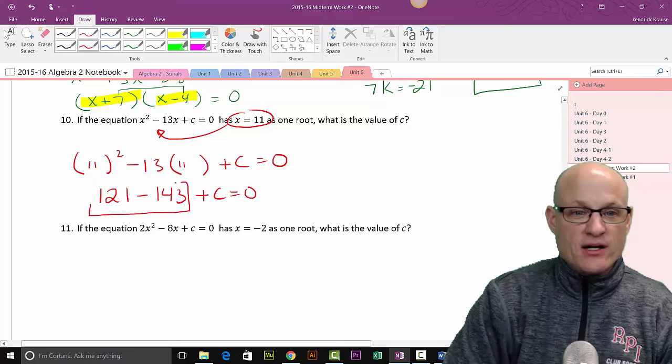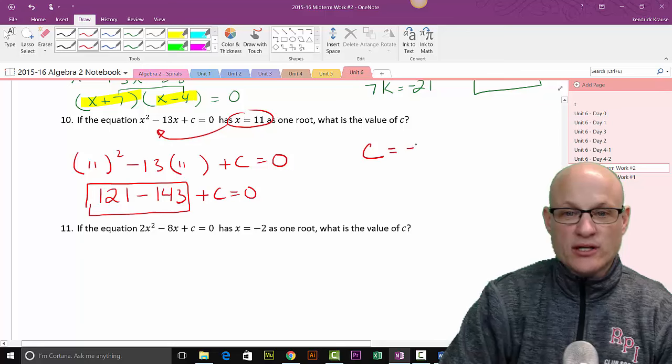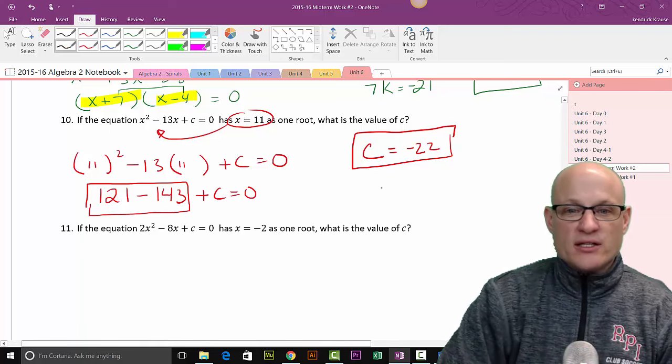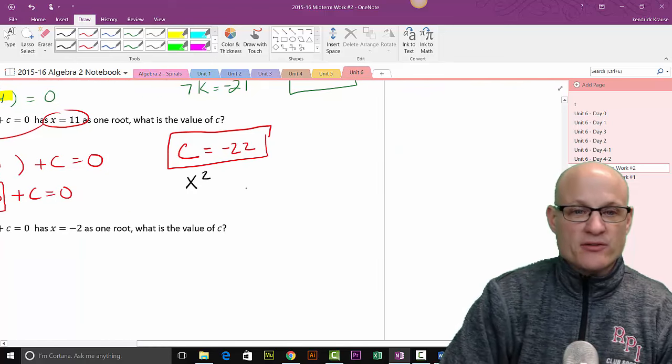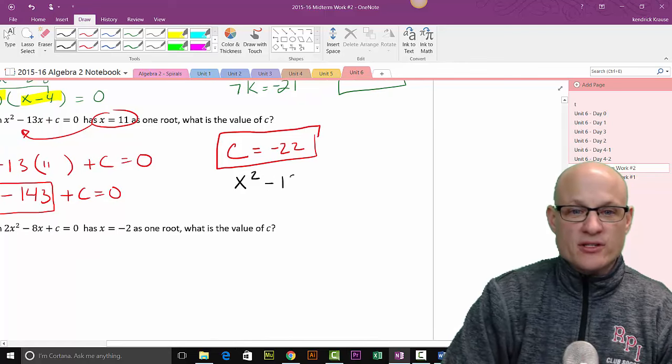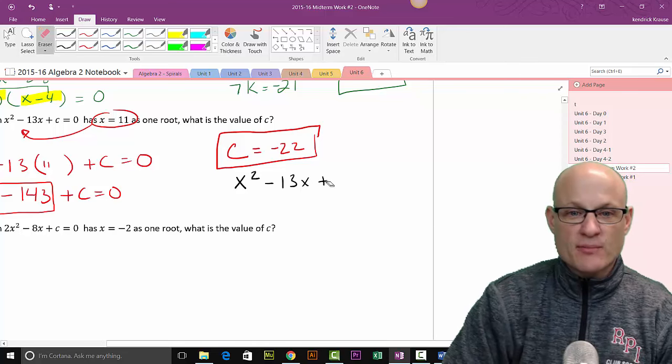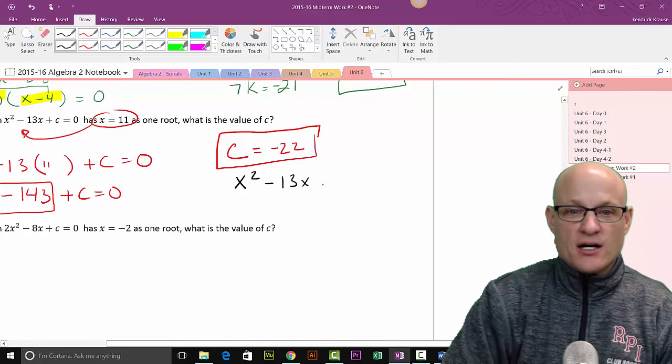And if I add these up, I get what? Negative 22. So c is equal to negative 22. Let's see if that makes sense. So that would give me an equation of x squared minus 13x, oops, excuse me, minus 22 equals 0.